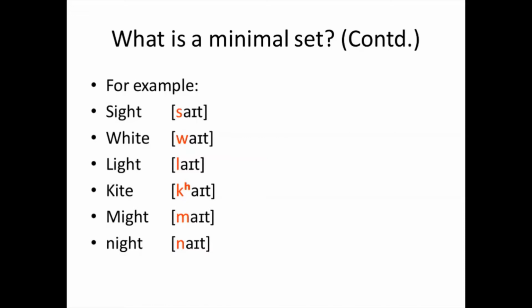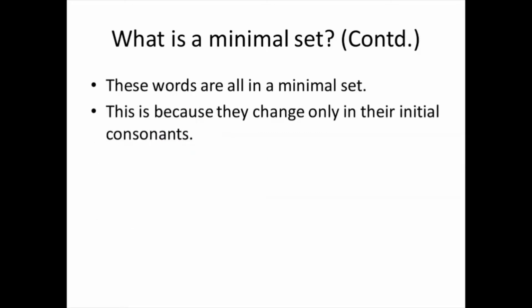S, w, l, k, m, and n are the sounds that cause difference in the meaning of these six words you see in the slide. And don't forget, crucially, all these different consonants occur at the same place. And what is the place? The place is the initial position of the words.